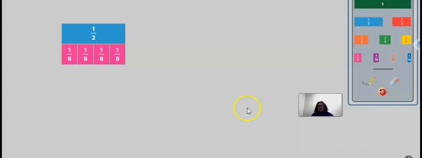All right, it's also equal to, let's see, 2/4, correct? These are all equivalent fractions.